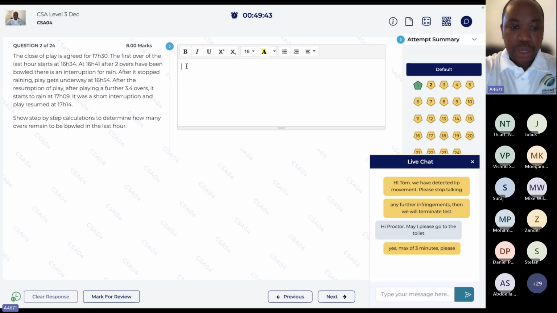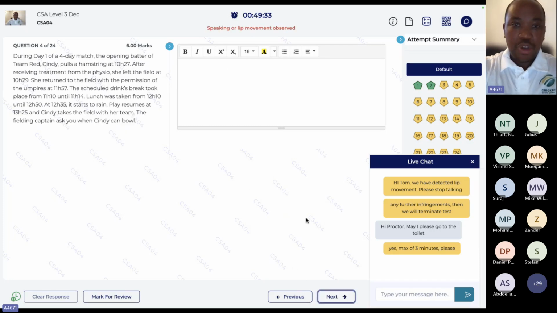What I want to show you as well, after submitting this next question's answer, is what is going to happen if I try to navigate away from this exam screen.